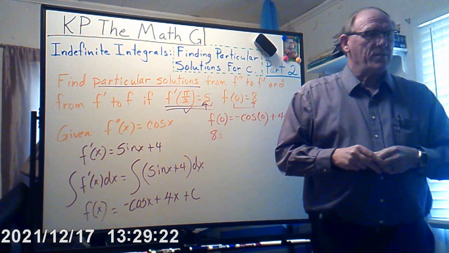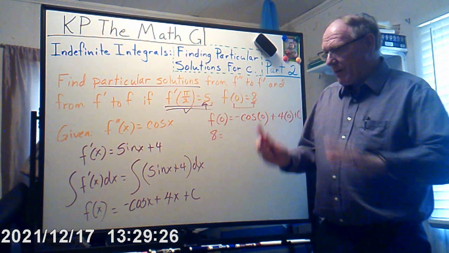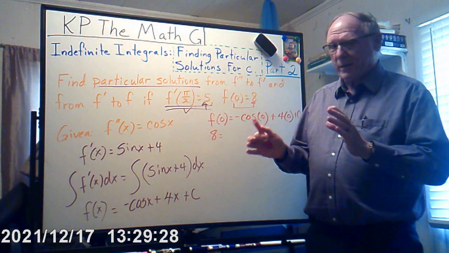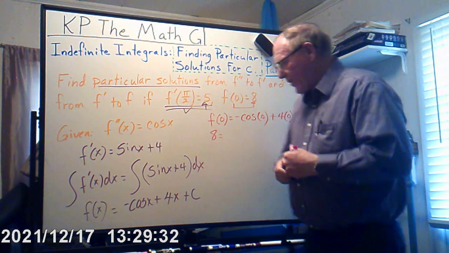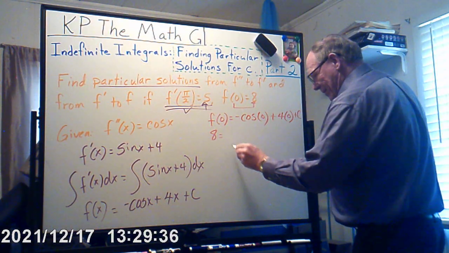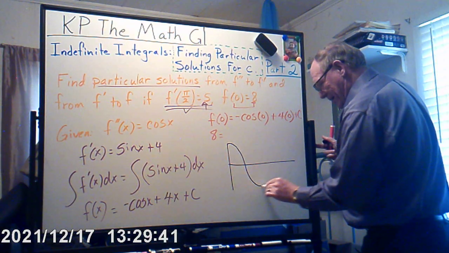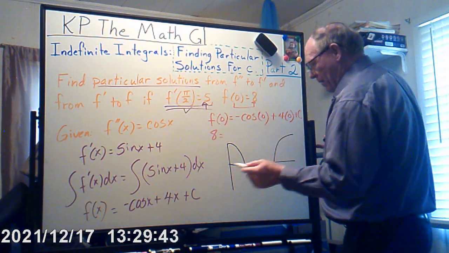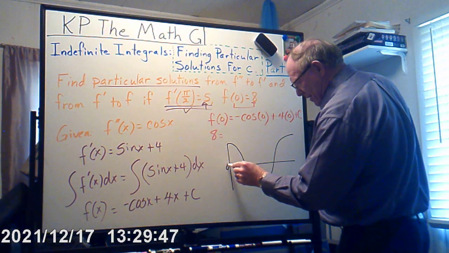Now, what is cosine of 0? We have a negative cosine of 0. If we knew what cosine of 0 is, we can take the negative of it, and we'll be alright, won't we? Let's think about the graph of cosine. Here is the graph of cosine, a rough sketch. Here is 0.